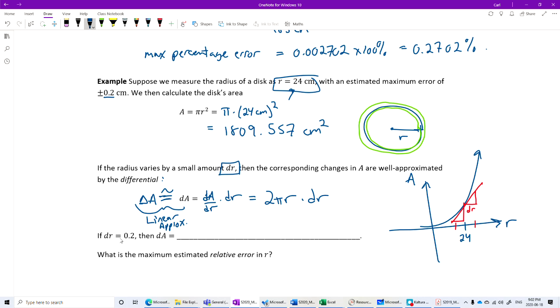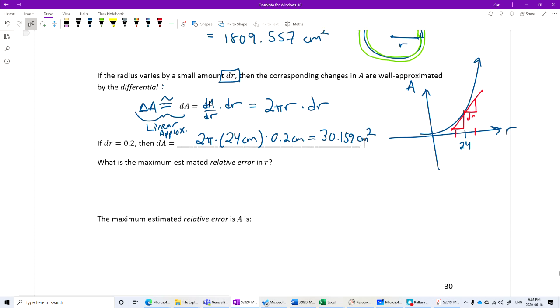If dr is 0.2, then dA is 2 pi times, what is r? 24, times 0.2 centimeters, which is 2 times pi times 24 times 0.2, 30.159 centimeters squared. So what I end up with is a relatively easy way to estimate the change in area.